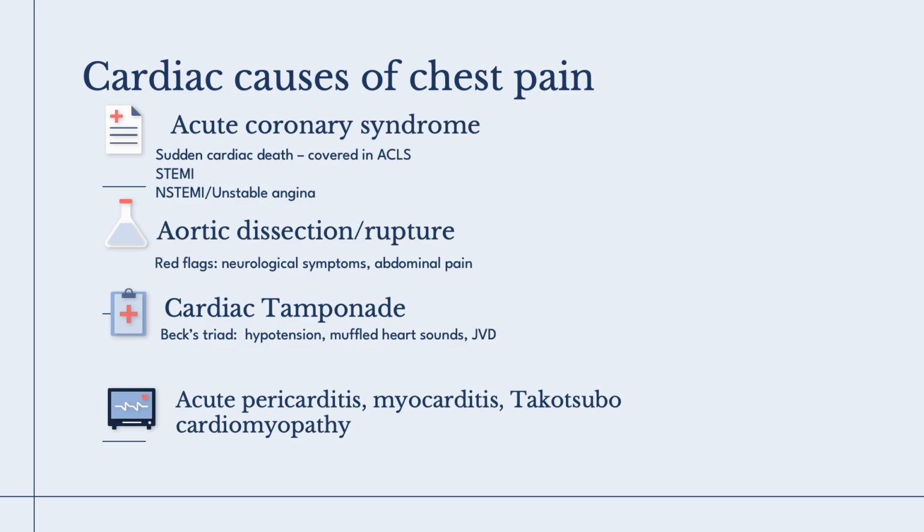Red flags here, if we have a patient we're suspecting of this: any neurological symptoms, or if they're having abdominal pain in addition to the chest pain. Cardiac tamponade, so our Beck's triad of hypotension, muffled heart sounds, JVD. And then think about acute pericarditis, myocarditis, as well as Takotsubo cardiomyopathy.